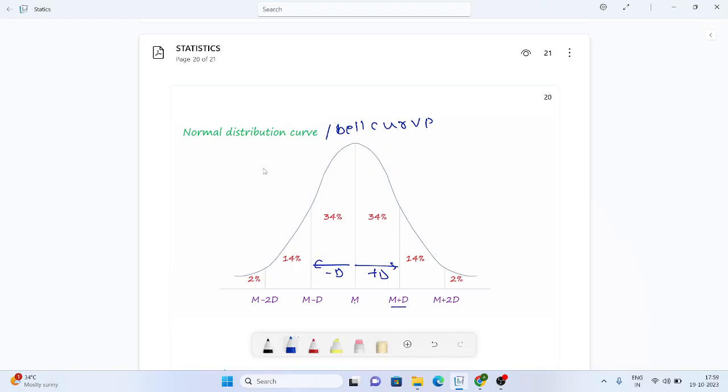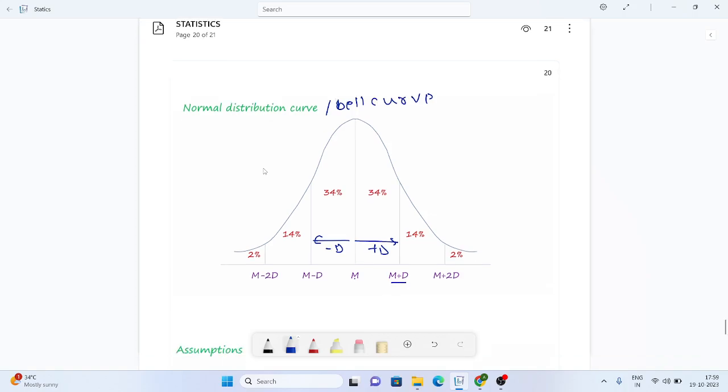So you have to remember this curve. Mainly, we see one or two questions on it sometimes. This shows the deviation from the mean. The values will be 34.5%, but don't bother about this. You have to remember these values.